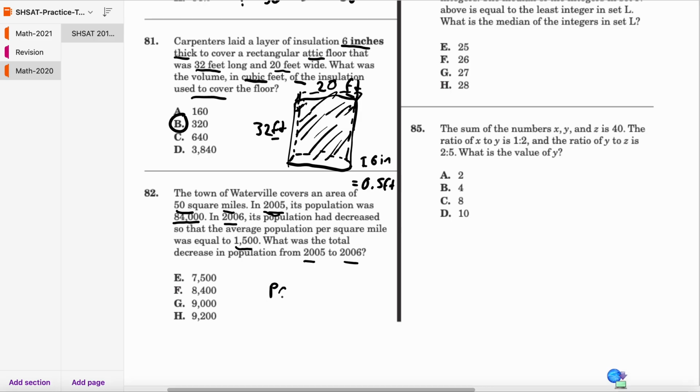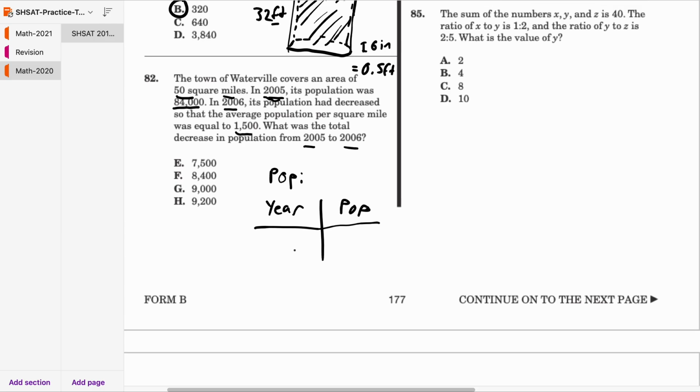So I'm going to make a population table. So we have the year, and we have the population. Okay, and we know that basically in 2005 the population was 84,000.